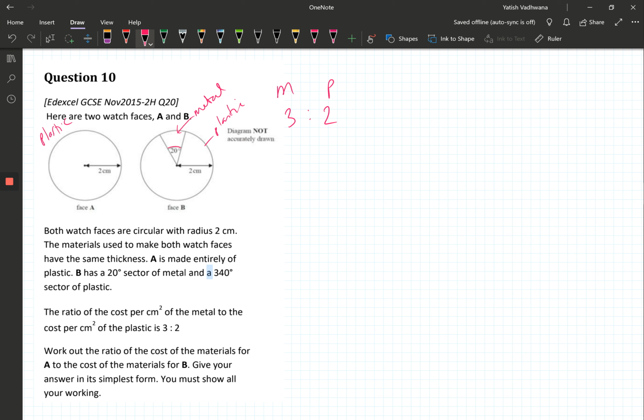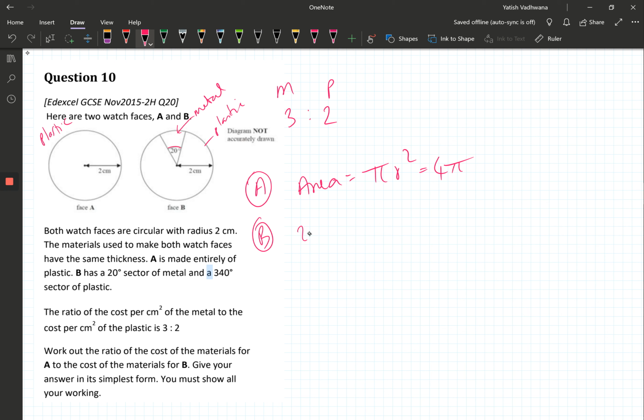Right, so we need to work out the area of watch A. So that's just going to be area equals pi r squared. I can see that's going to be pi times 2 squared, which is 4, so it's just going to be 4 pi, times the price of plastic, which we don't know. And then for B, well, we're going to have 2 different areas.